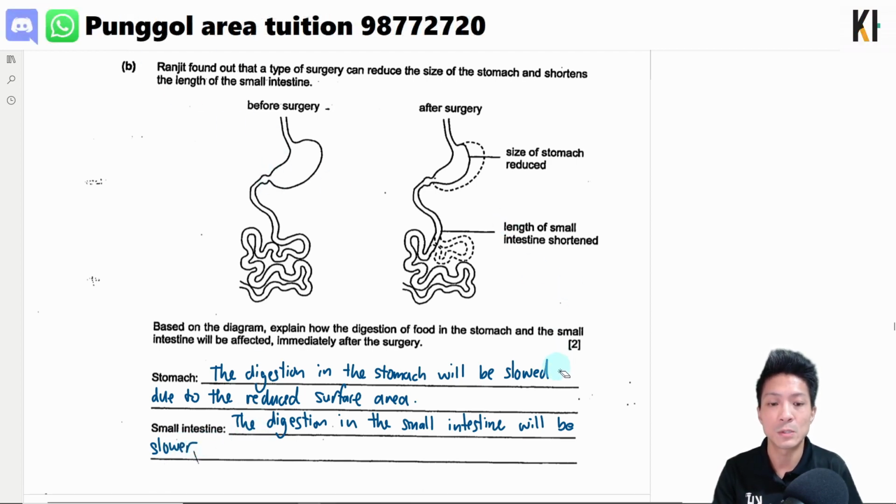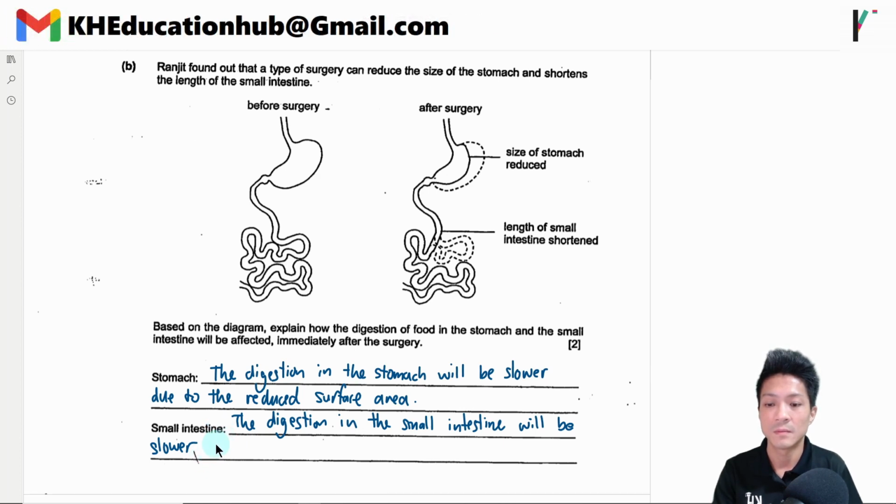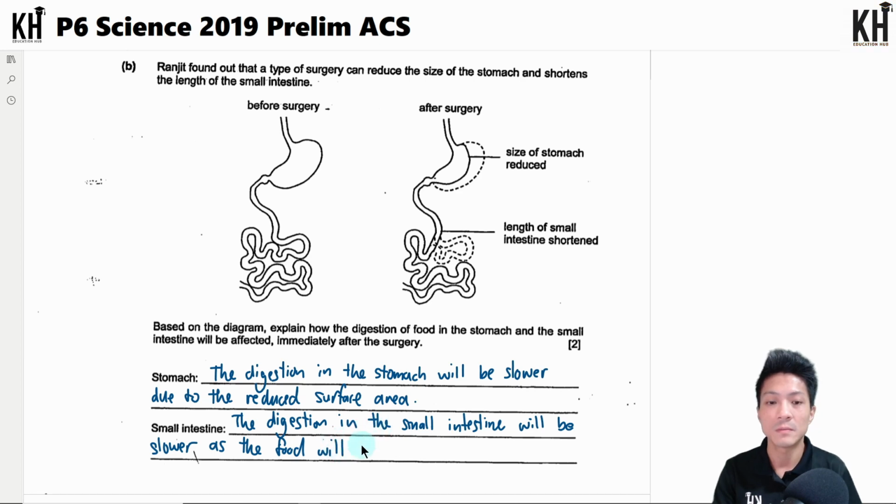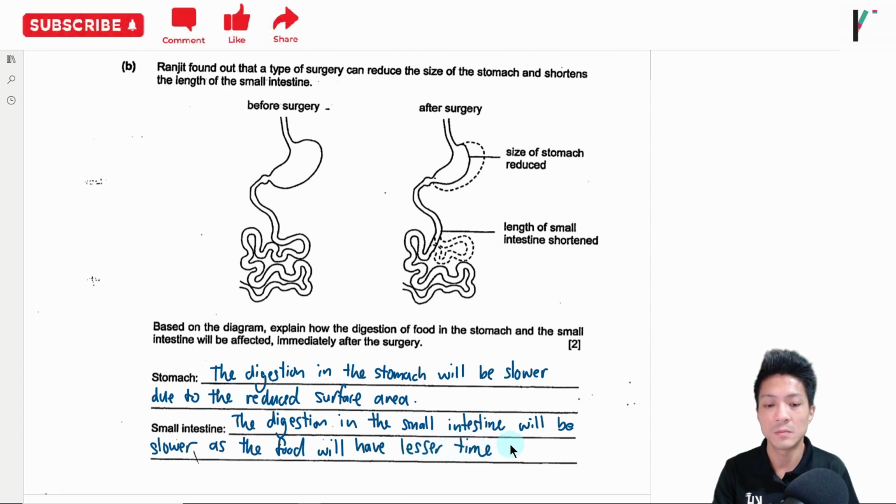So I realize over here there is a mistake. Okay, as the food will have lesser time spent in the small intestine.